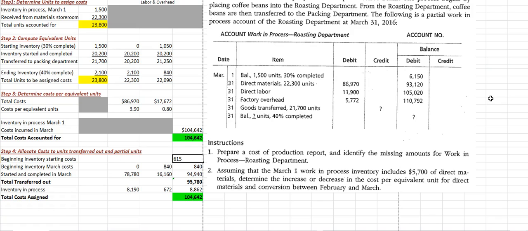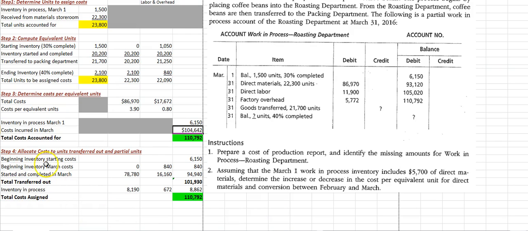That's some of the cost that goes in the beginning inventory. Okay. And let's put it up here as well. This comes from over here, 6,150. That's the cost that was transferred over or stayed in the department. And this was the cost that was transferred over, as you can see, and this is the cost that we're going to allocate, the 104,642.